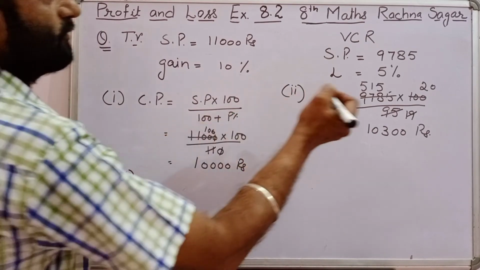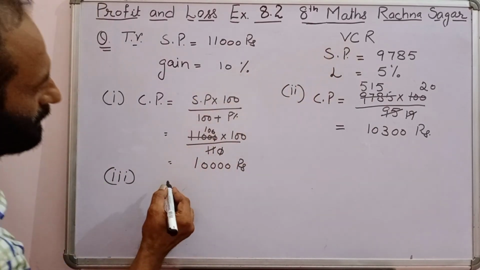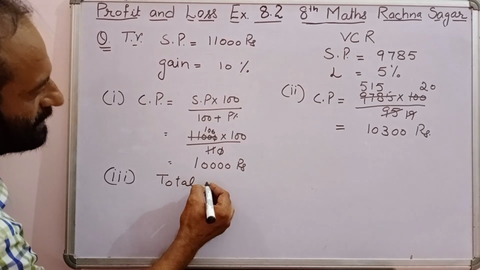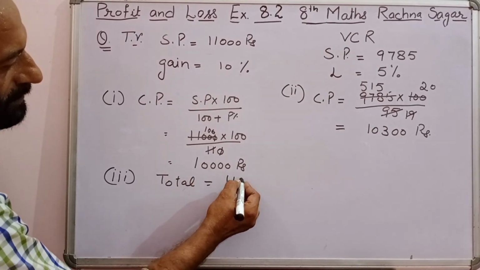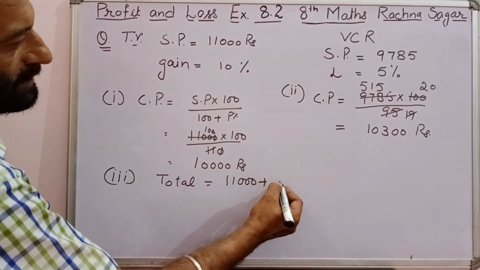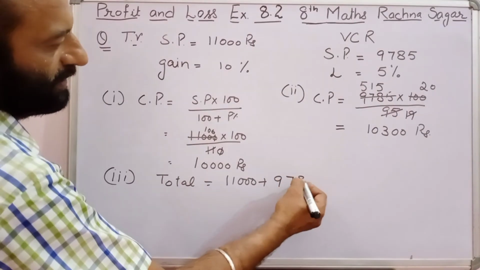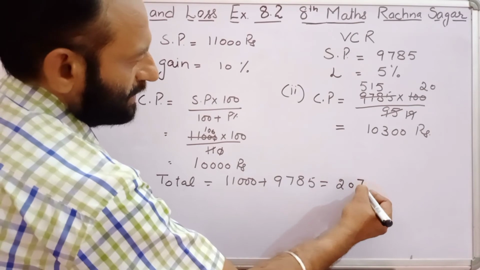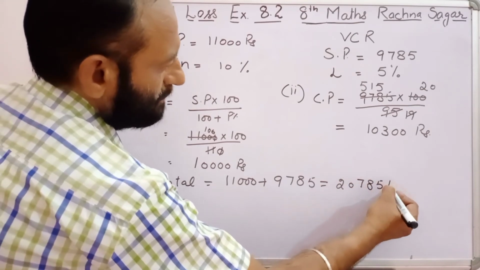Part 3. Find the total SP of both the TV and VCR. So total SP of TV and VCR is 11,000 plus 9,785. It is equal to 20,785 rupees.